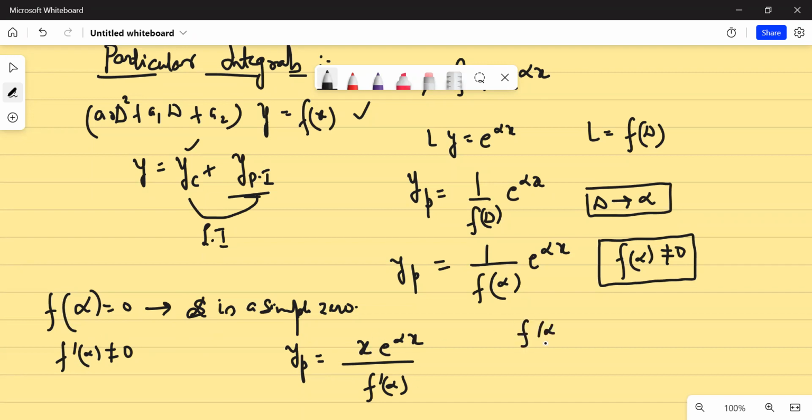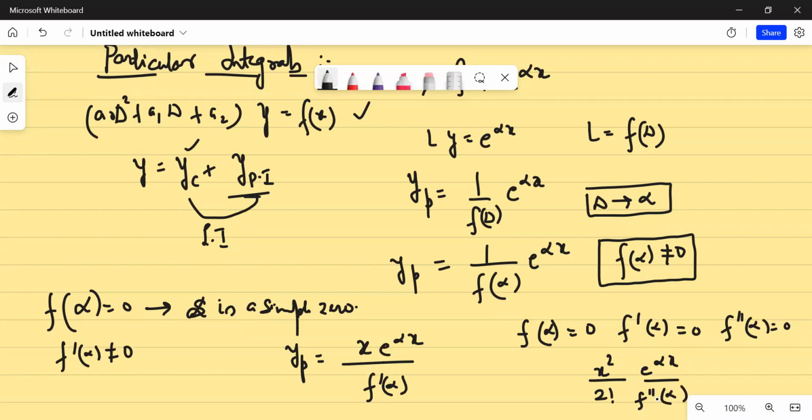Now, if f(alpha) is 0 and f'(alpha) is 0, but f''(alpha) is non-zero, then the solution would be x^2 upon 2 factorial, e^(alpha x) over f''(alpha). Is that clear? So this is how you're going to write your particular integral.